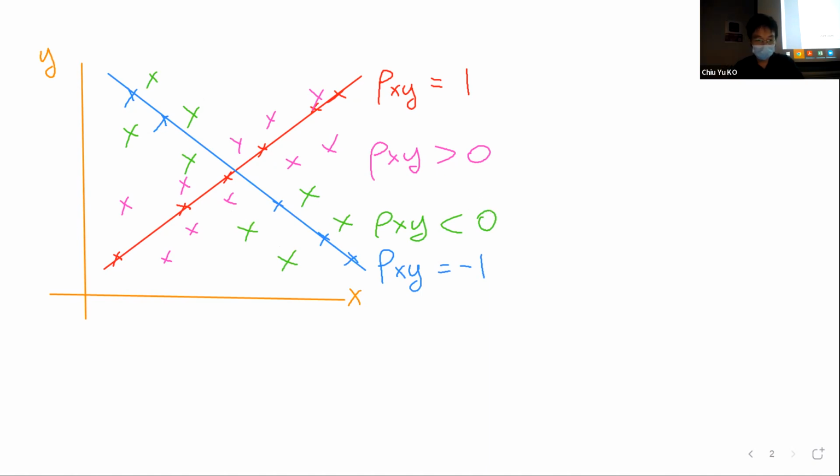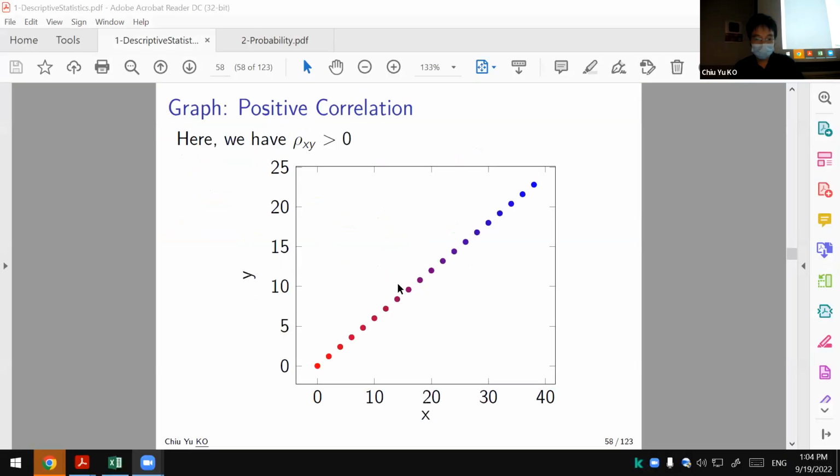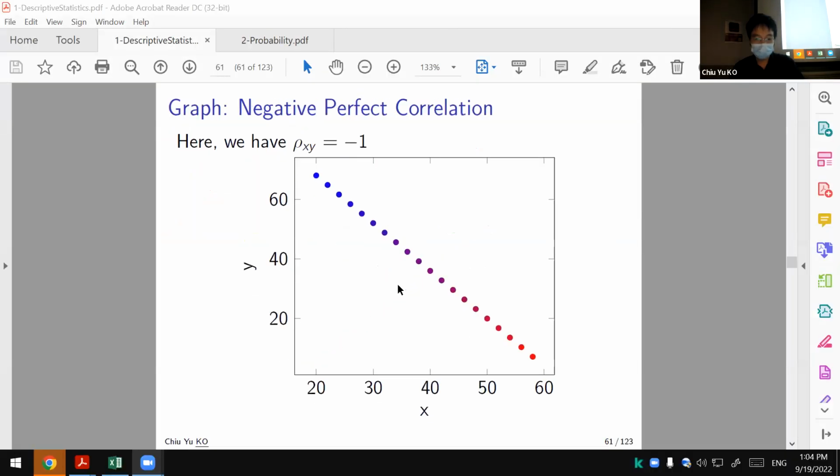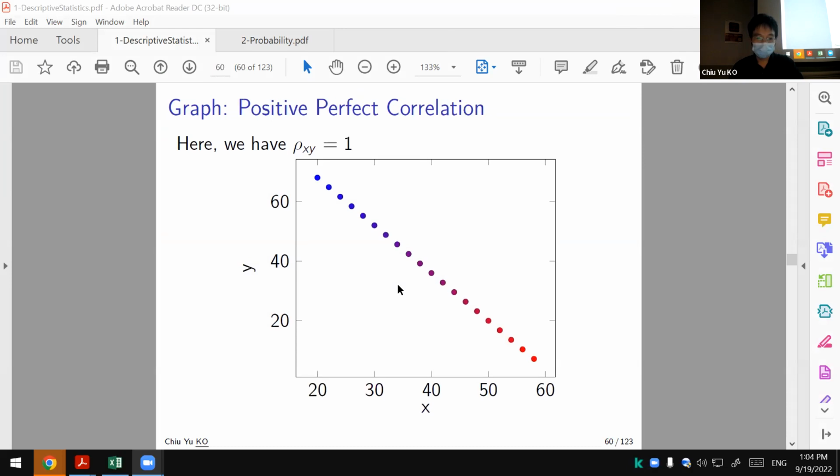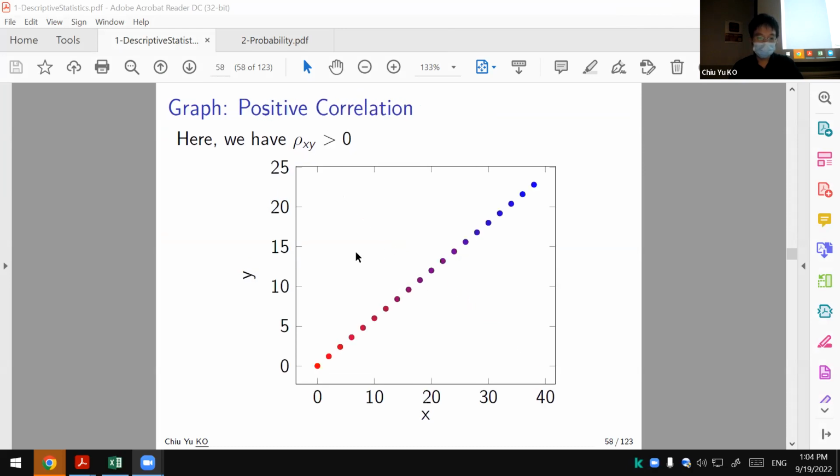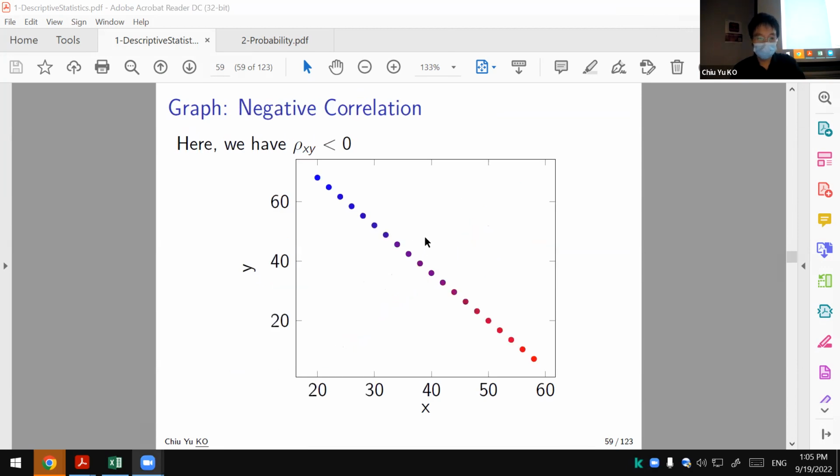I think I get it on the slide, but I'm not sure the slide is perfect. I think the slide has some issue, but let me tell you how to correct this. You can add some more points here for the positive one.